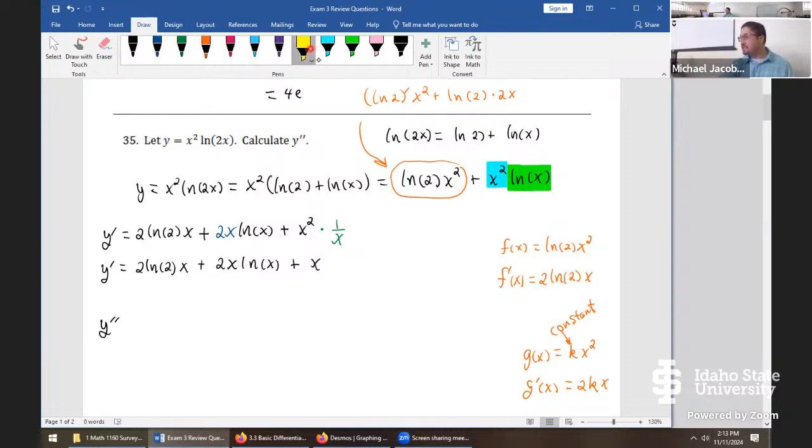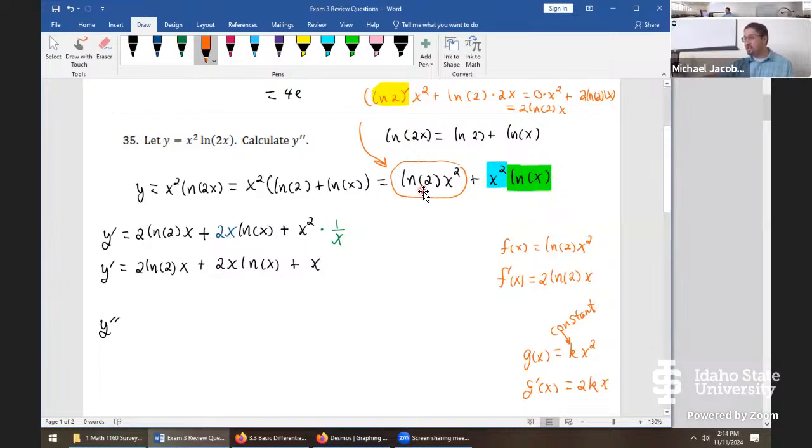And that first derivative goes to 0 because it's differentiating a constant. So it's 0 times x squared plus 2 natural log 2 times x. And so we get all together 2 natural log 2 x if we had used the product rule.